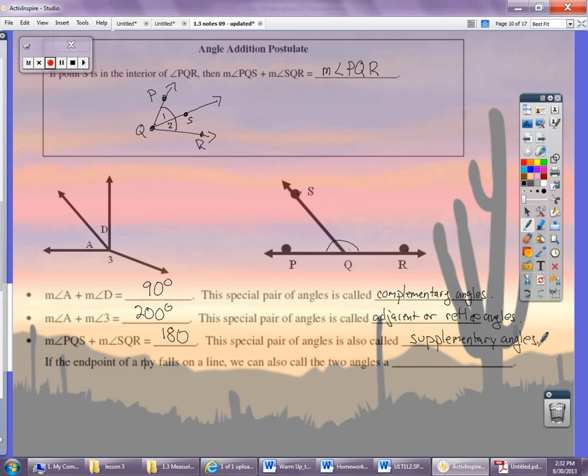They form the 180 degrees. And if the endpoint of a ray falls on a line, we can also call the two angles a linear pair. So here's our endpoint of a ray, ray QS, it falls on line PR, and these two angles are going to form a linear pair, and a linear pair is going to add up to be 180 degrees.